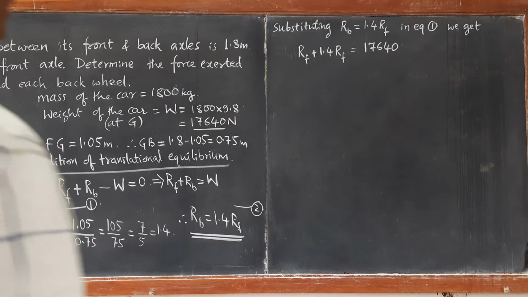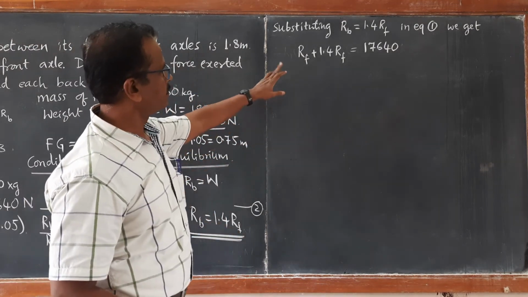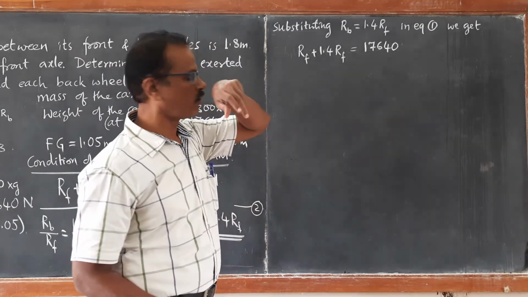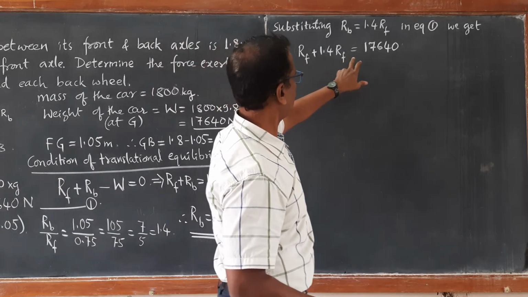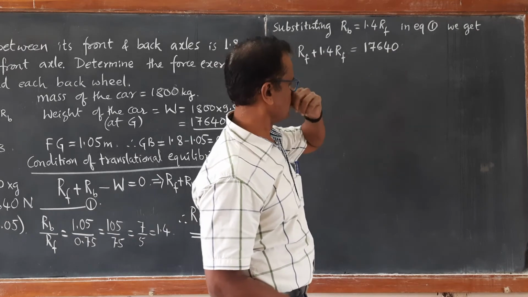Now substituting the RB value, that is 1.4 RF, in equation number 1: RF plus RB equal to 17640. So it becomes RF plus 1.4 RF is equal to 17640.